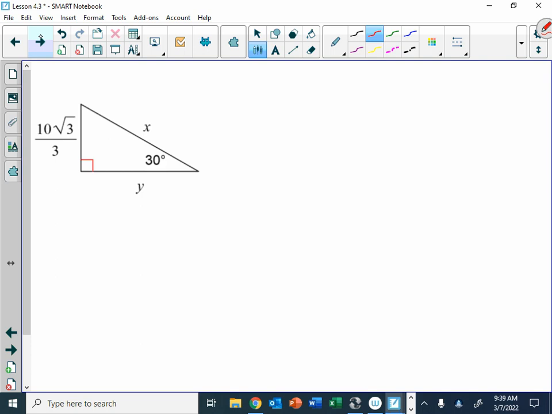Yes, 30, 60, 90. So this angle, if you need to label it, is 60 degrees. You don't have to.